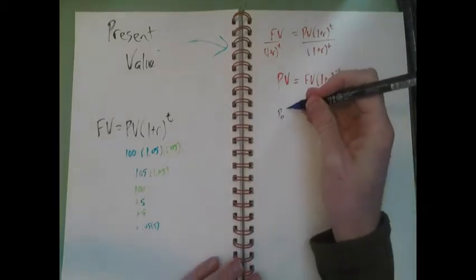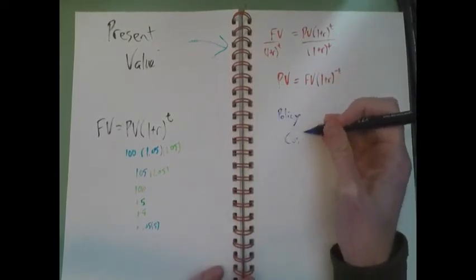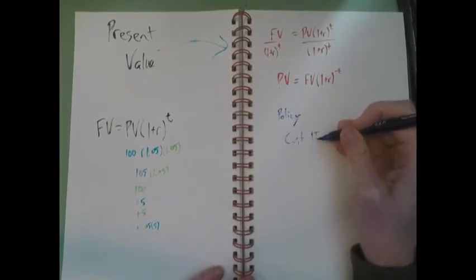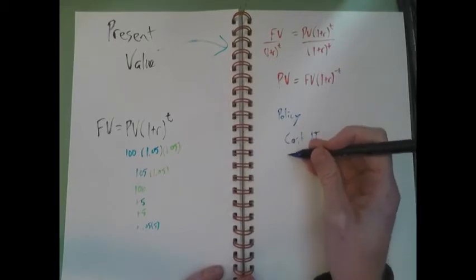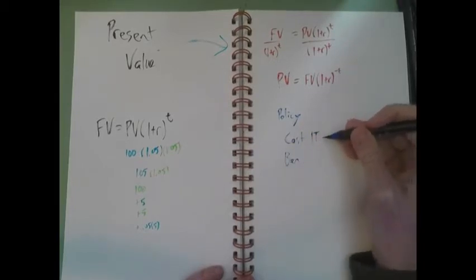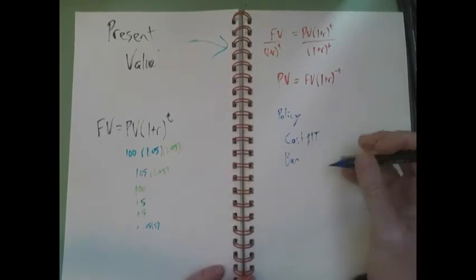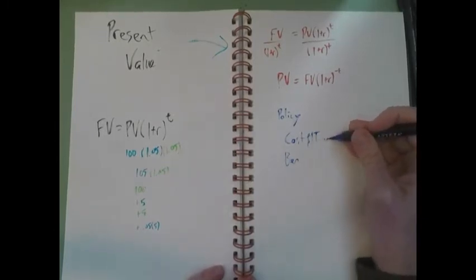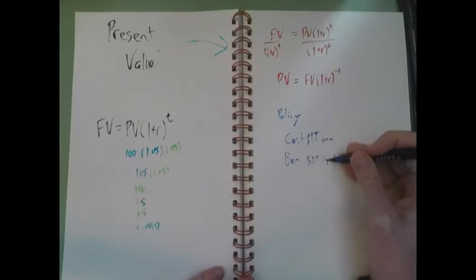Policy X, and it's going to cost, let's say, $1 trillion right now. $1 trillion, make that clear, $1 trillion cost right now. But the benefit is, let's say, $2 trillion in 30 years. Should we do it? Right?